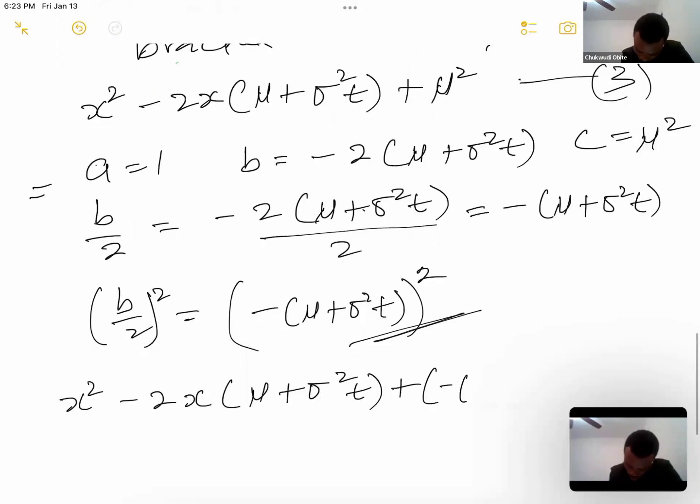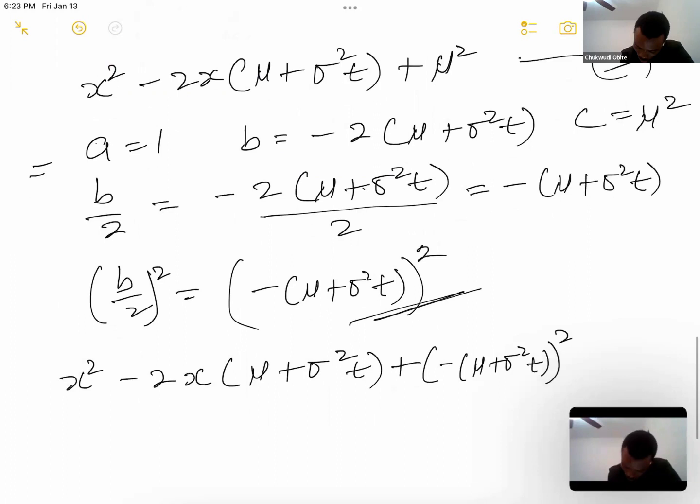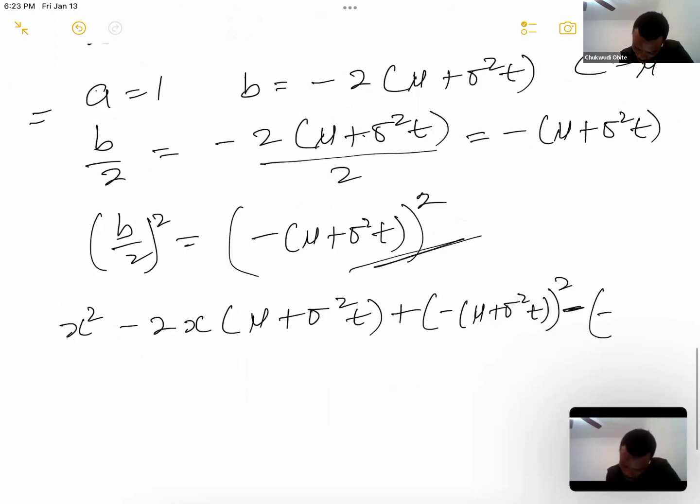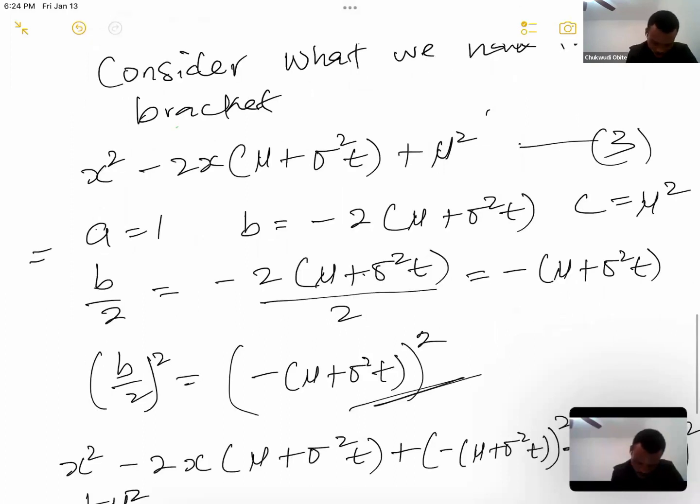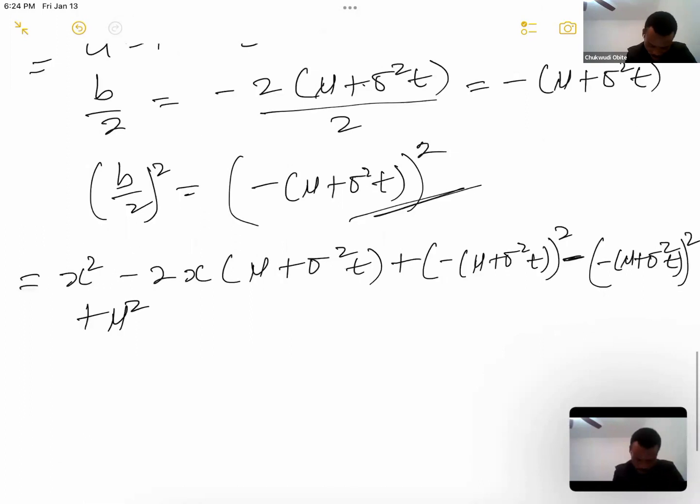So I will add it and subtract it. Minus mu plus sigma squared t all square. I've added this, I will subtract it. Minus mu plus sigma square t. Then I have plus mu square. Remember what I did?